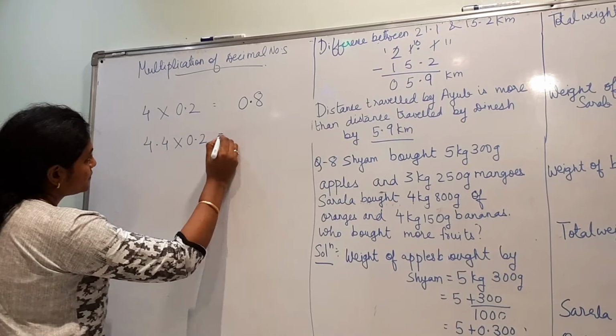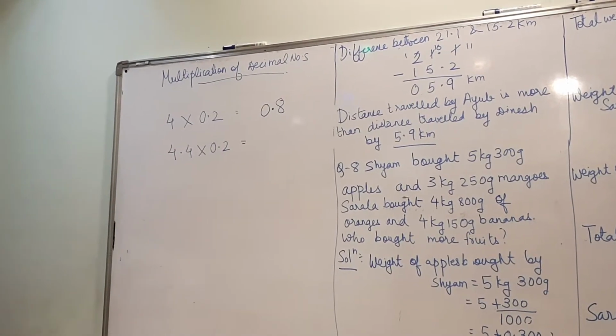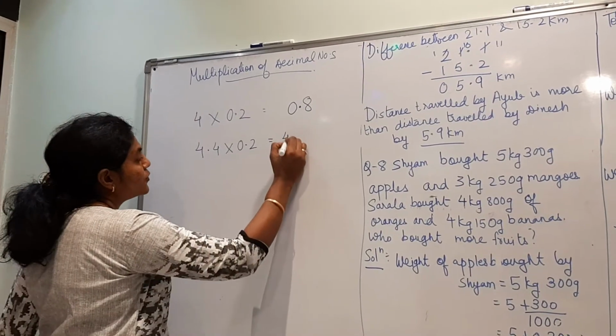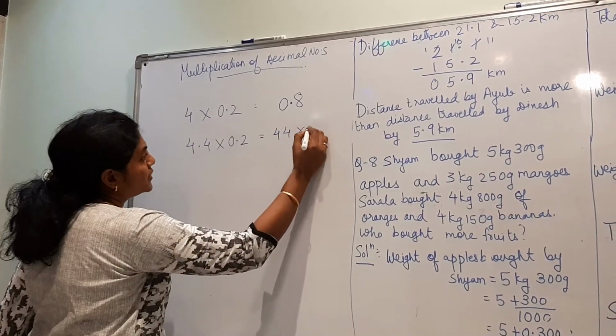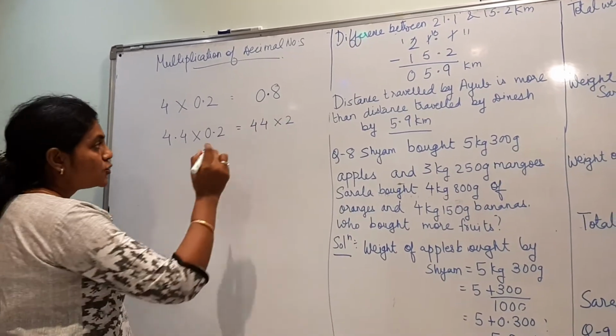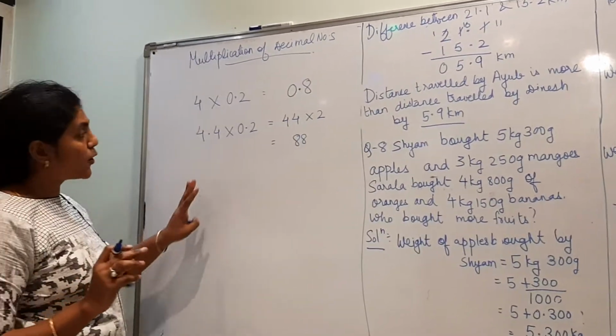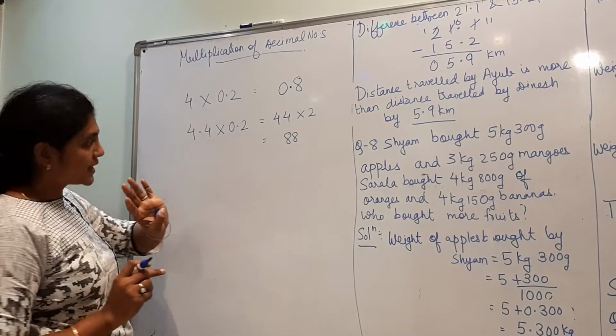Another example, 4.4 into 0.2. First thing is to remove the point. So remove the point means 44 into 2. You got it as 88. Remove the point, do the multiplication.